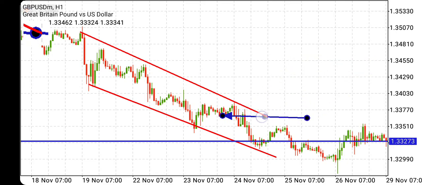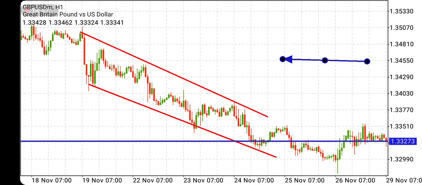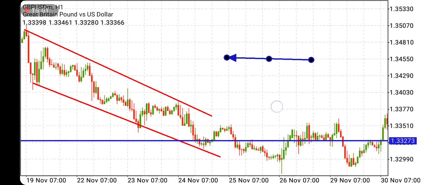Yes, the pattern has been formed, but if you take the trade over here, how long will the trade go up before going against you? Are you seeing that? That is why it is always advisable to take sells in a downtrend, and buys in an uptrend.